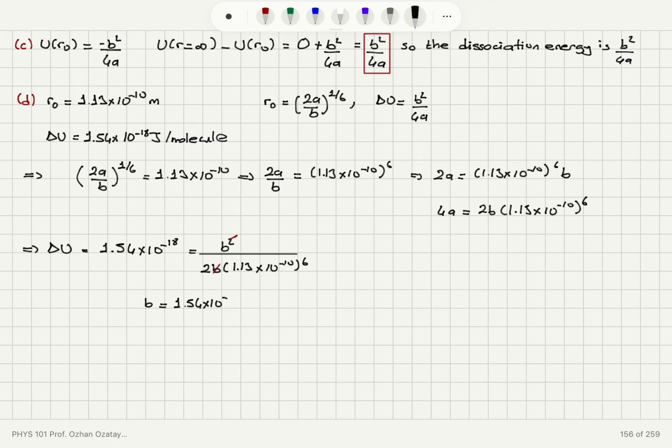1.54 times 10 to the minus 18 multiplied by 2 multiplied by 1.13 times 10 to the minus 10 to the power 6. If you calculate this, it is 6.41 times 10 to the minus 78 joule meters to the 6th power.